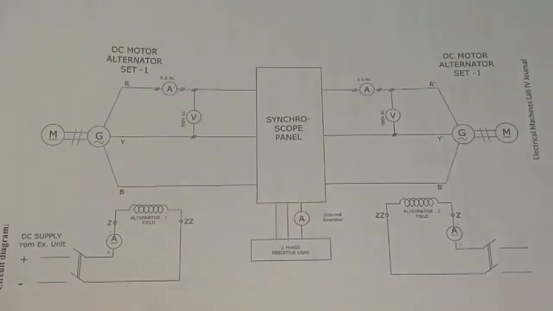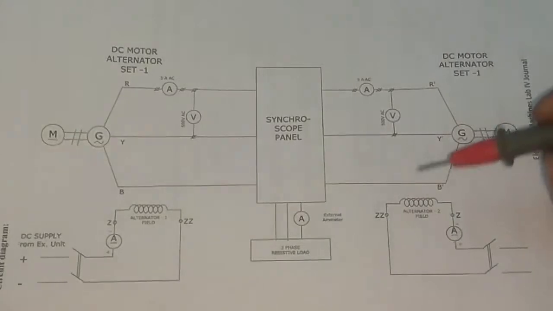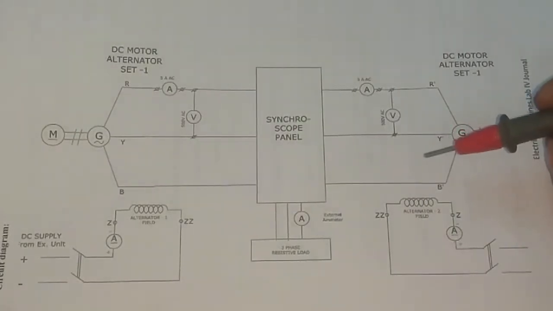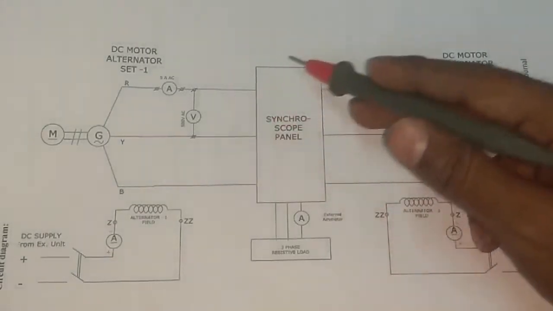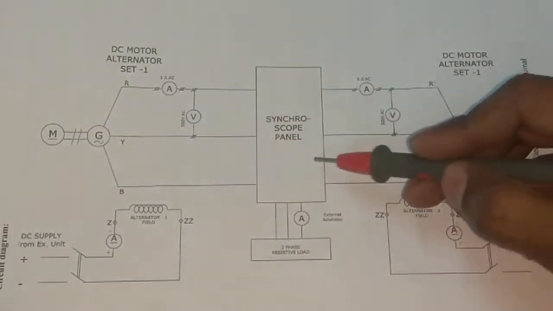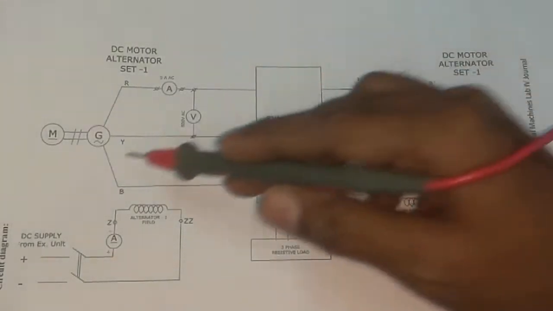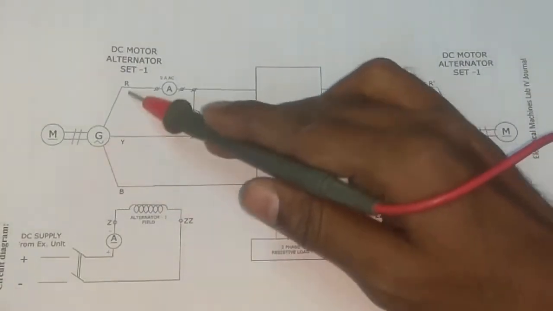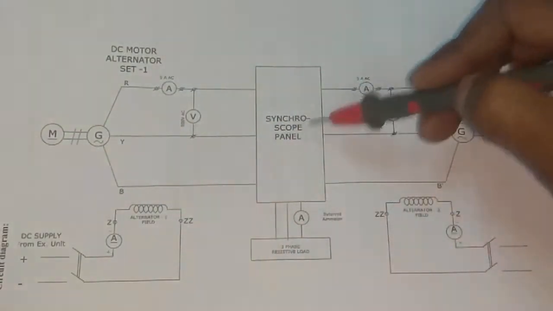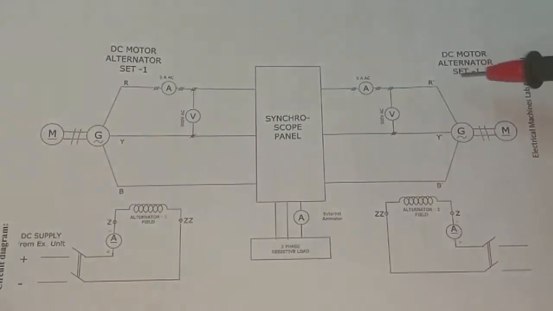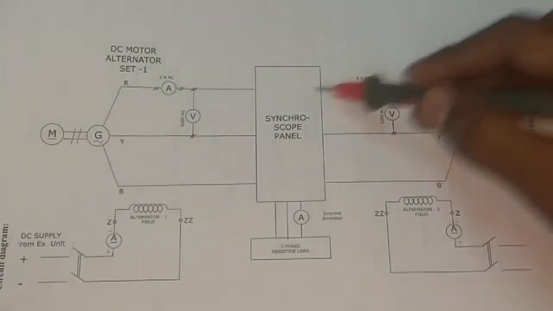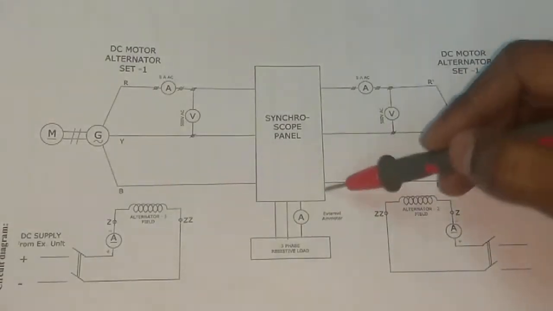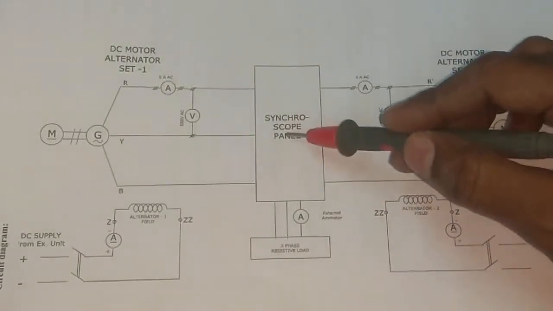I am showing you a different circuit diagram of the same practical to understand the practical easily. Here in center there is a synchronoscope panel. The output of alternator 1, R, Y and B is connected to synchronoscope panel, and output of alternator 2, R, Y and B are also connected to the synchronoscope panel.